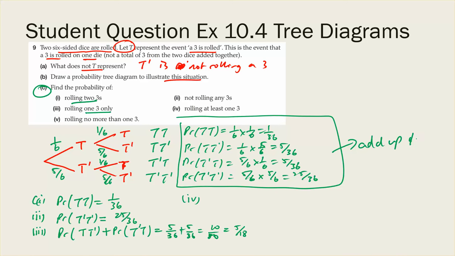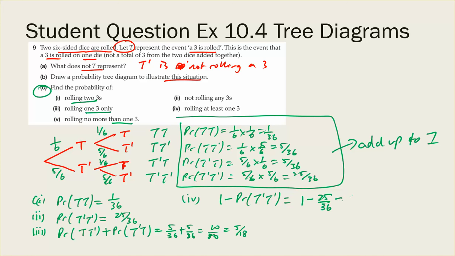I want everything except not T not T, because that's the only case where we don't have any 3s. So I can use the complement of that scenario: 1 minus the probability of not T not T, which we worked out in part 2 as 25 out of 36.